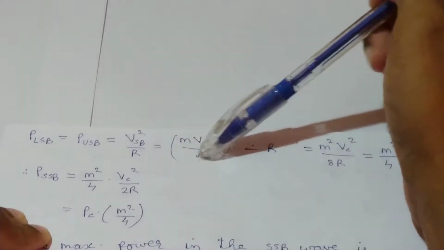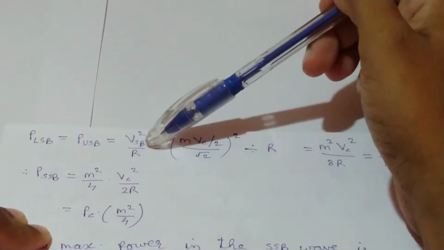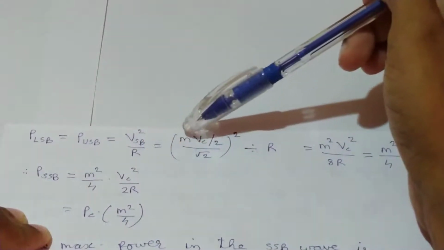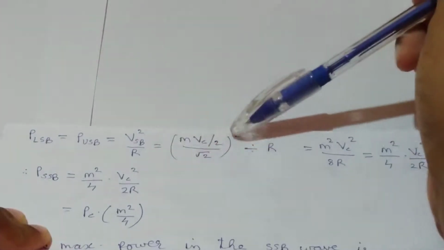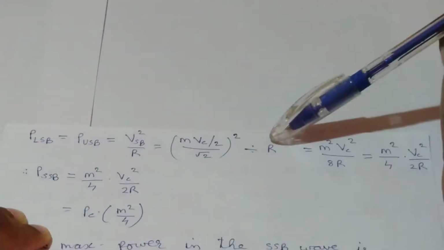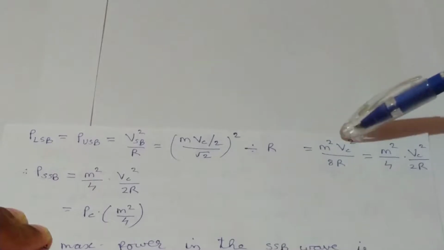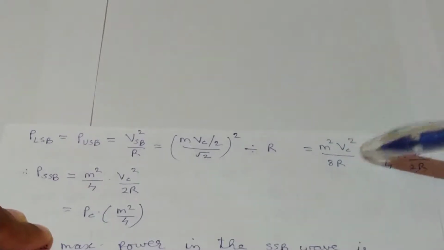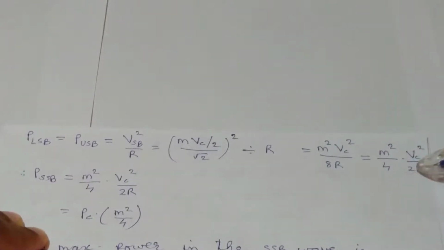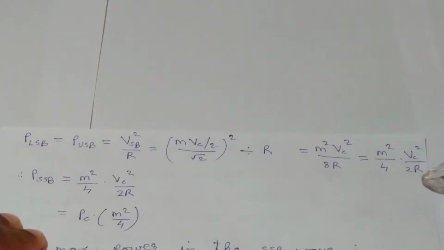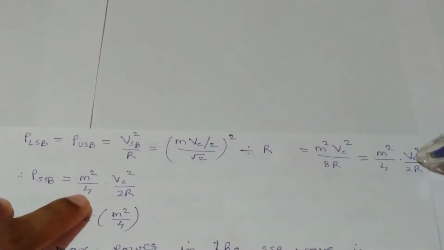So we substitute this value in place of VSB. We will get (MVC by 2 divided by root 2) all squared, divided by R, and that is equal to M square VC square divided by 8R, and that is equal to M square by 4 into VC square by 2R.